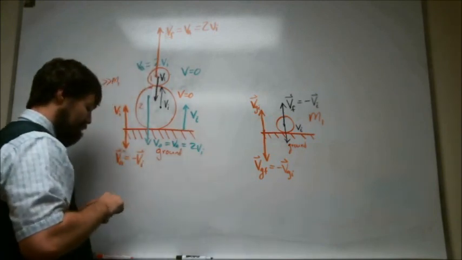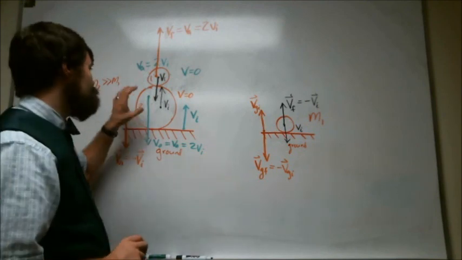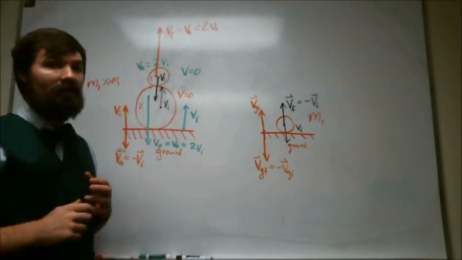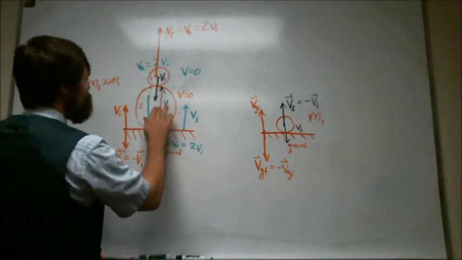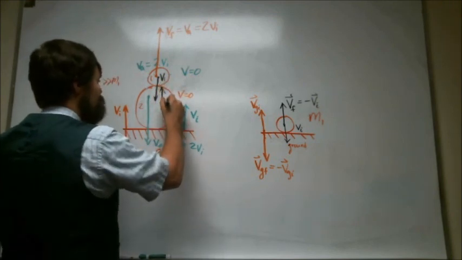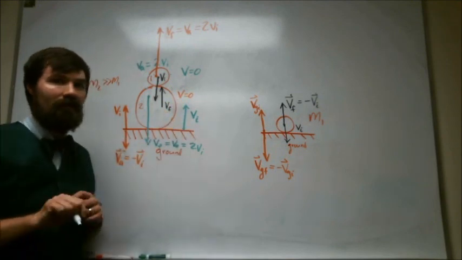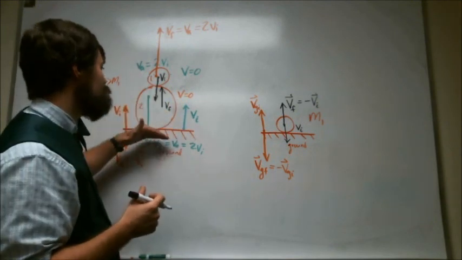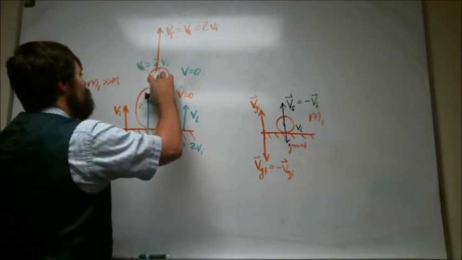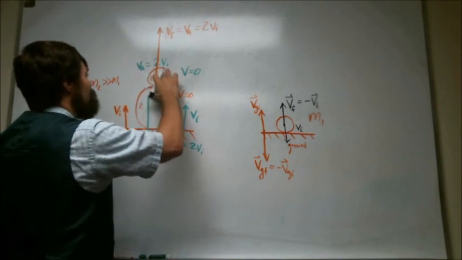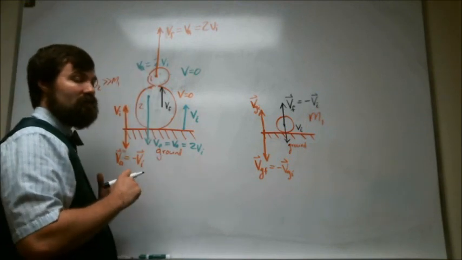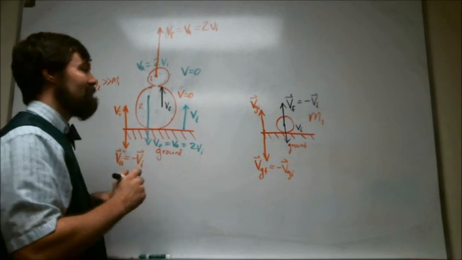Okay, but what we really care about here is not what do these two look like they're doing in the new frame of each other, but rather what do they look like they're doing from the perspective of the ground. So, this one stays the same. V final is still roughly 1 times the initial speed, just in the opposite direction, for ball number 2. Ball number 1, however, what we have to do for it is add these two vectors together to get what ball 1's speed is going to look like from the perspective of the ground.